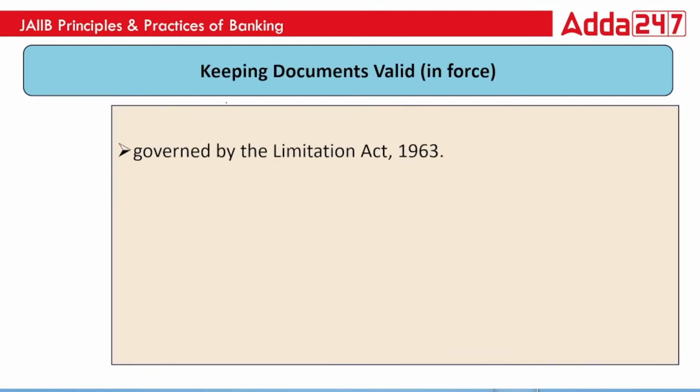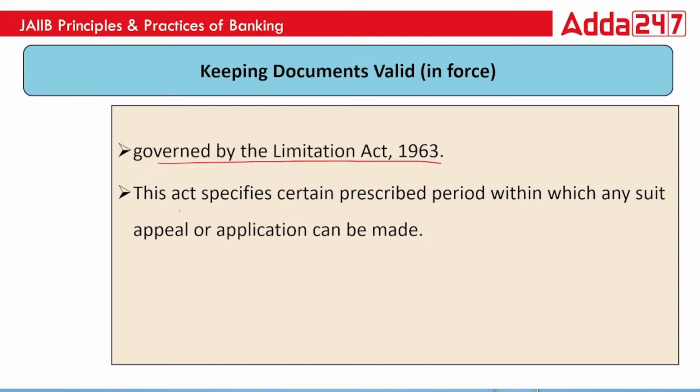This is again very important: documentation is governed by the Limitation Act 1963. This Act specifies certain prescribed periods within which any suit, appeal or application can be made. After every documentation there is going to be a limitation period. There is an expiry period for all the documents.